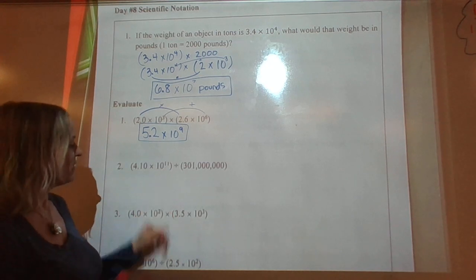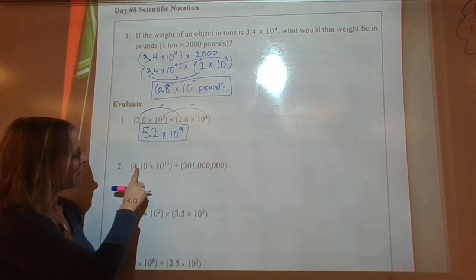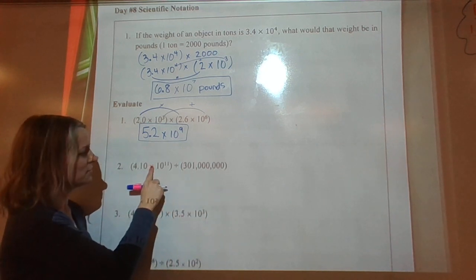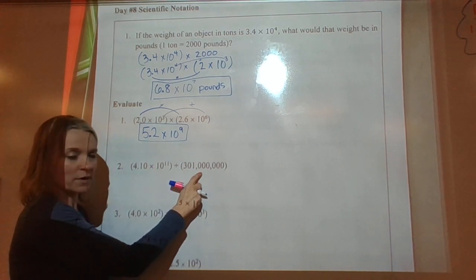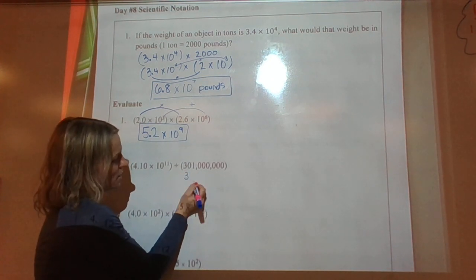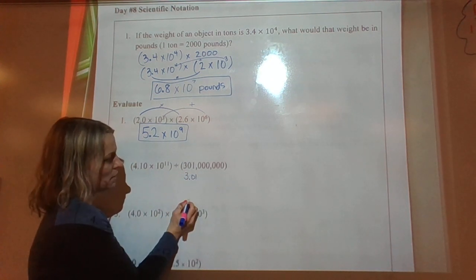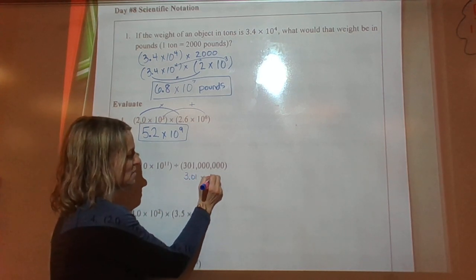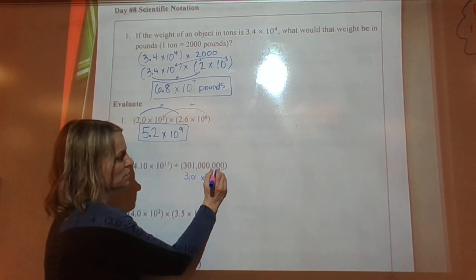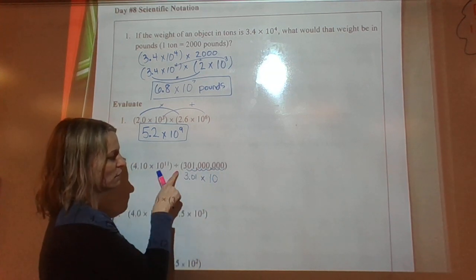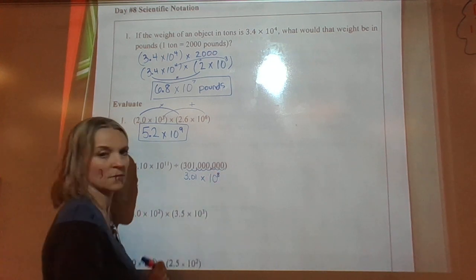Okay, now we have a division problem. So we have this divided by this number, which again, notice we've got scientific notation and standard form. So we want to make this in scientific notation. So I'm just going to write it right here. So I've got 3.01, okay, that makes this number between 1 and 10, times 10 to the, well, let's see, we've got 1, 2, 3, 4, 5, 6, 7, 8 spots over to make that 3.01.